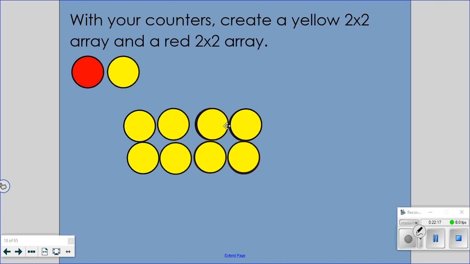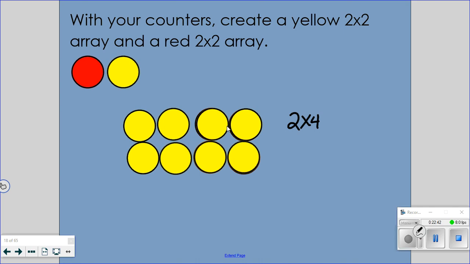So how many groups do I have? One number. How many groups? 2 groups. One right here and one right here, right? How many in each one? 4. So I have 2 groups of 4.